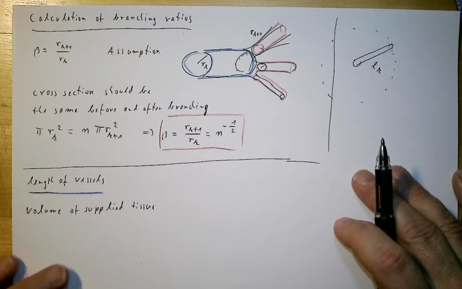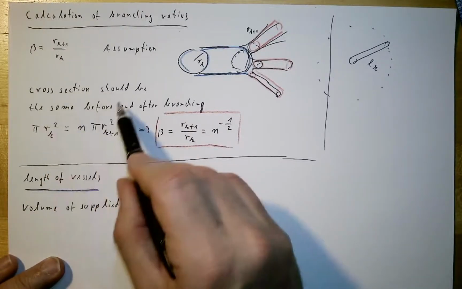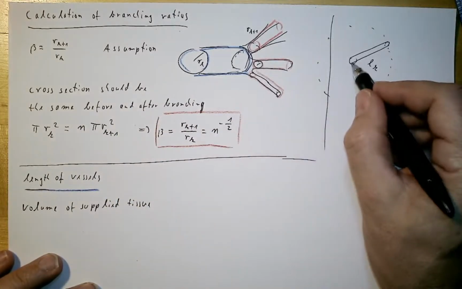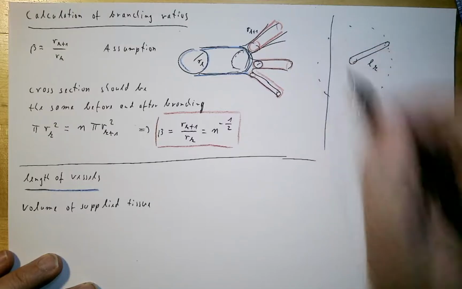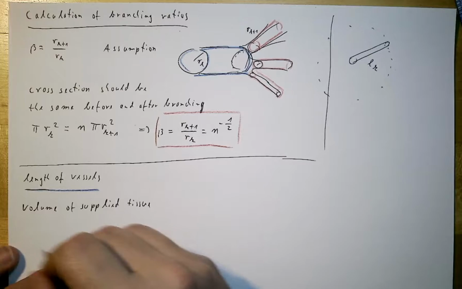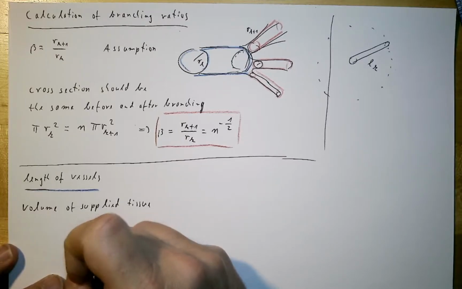Yeah, and now we do something similar. As before we said the cross section should be conserved in a branching, and now we want that after branching also the volume of the supplied tissue should be conserved.